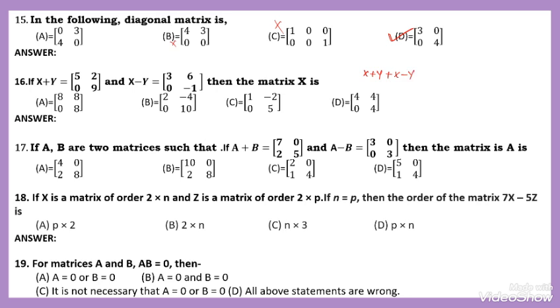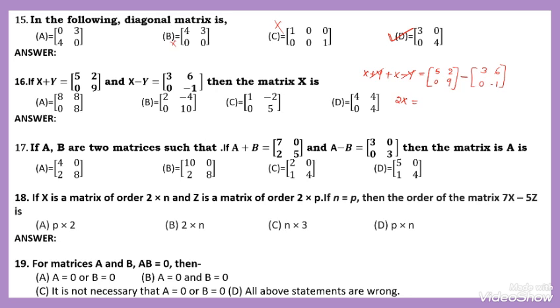I will add x plus y and x minus y. On the left side, on the right side 5, 2, 0, 9 plus the matrix 3, 6, 0, minus 1. Here x plus x gives the 2x matrix, and plus y minus y gets cancelled.